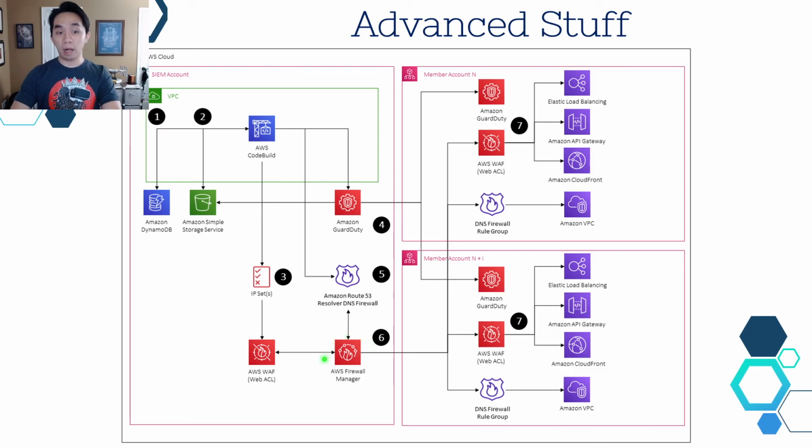And then we're using Firewall Manager to deploy the DNS firewall rule group to every single VPC. And this threat intelligence collection runs about every 4 hours, so it's always keeping the domain list fresh. It's just some advanced stuff that you want to consider.